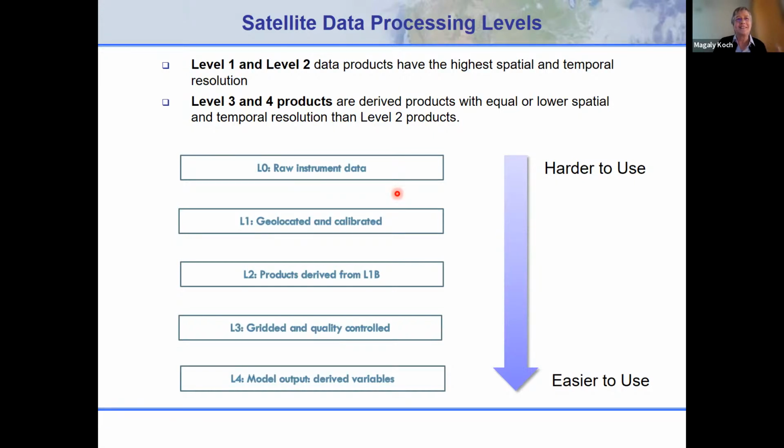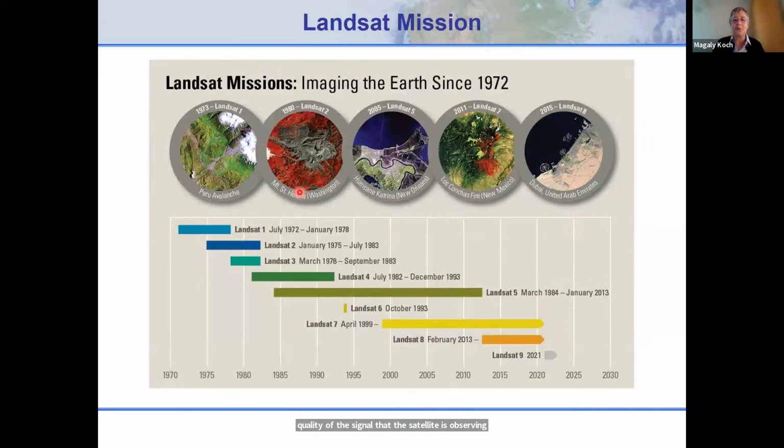So they're not necessarily interested in the information that you can obtain from the images, so land cover and so on, but they're interested in understanding how to basically improve the quality of the signal that the satellite is observing. So there are many users.